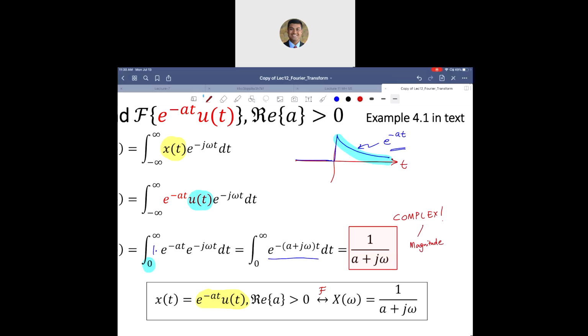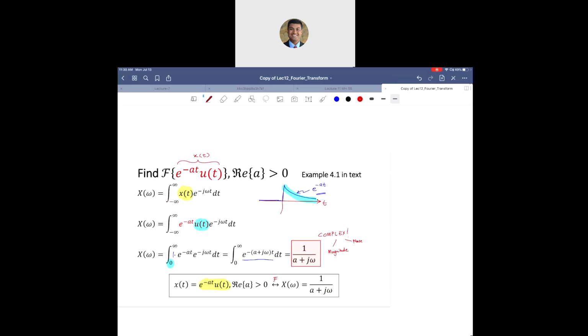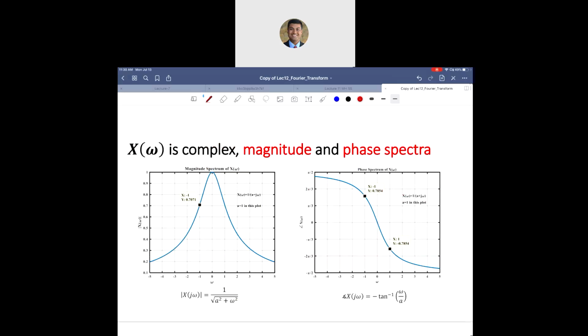I cannot just say sketch x of omega, right? I can say sketch magnitude of x of omega, and I can say sketch phase of x of omega. I cannot just talk about x of omega. So if x of omega is complex, I need to evaluate its magnitude and phase spectra.